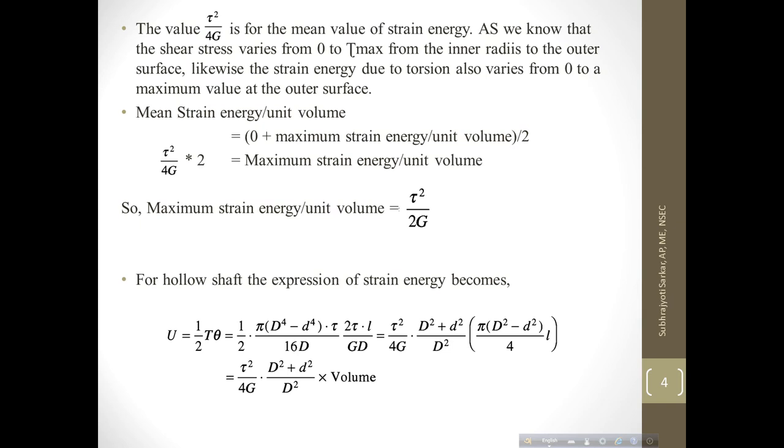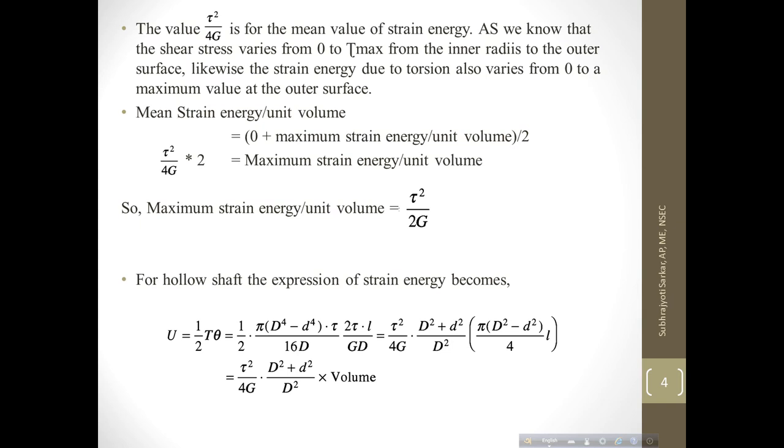Therefore the strain energy due to torsion also varies from 0, because strain energy is proportional to the square of the shear stress. So it should vary from 0 at the center to a maximum value at the surface. The value obtained from the relation, tau square by 4G, is the mean strain energy per unit volume.